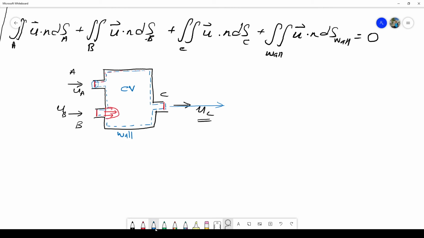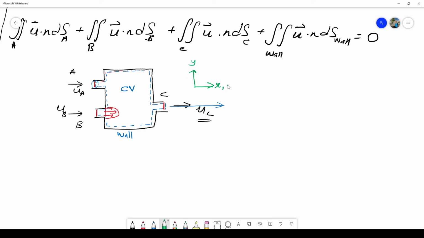All right, now let me first define the coordinate system. We take the horizontal as the x coordinate, and y as the vertical one.